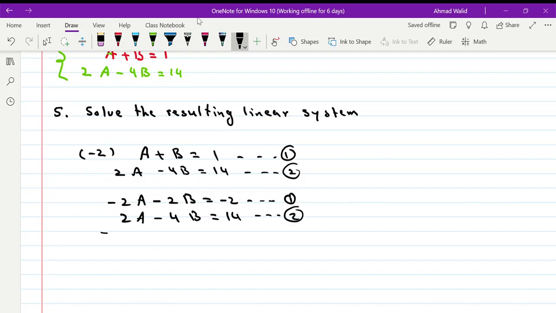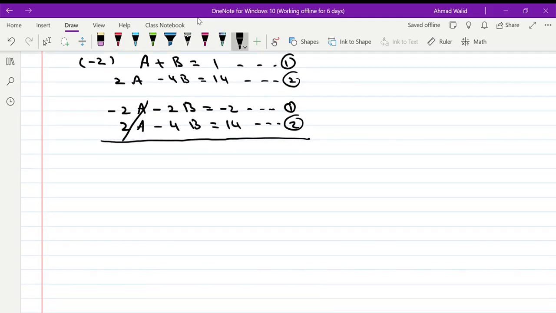Eliminate. You already learned in section 5.1 and 5.2 how to deal with systems of linear equations, correct? Then negative 6B equals 12. Divide both sides by negative 6. B is equal to negative 2.